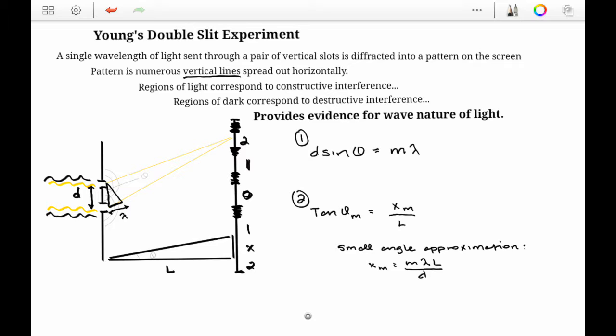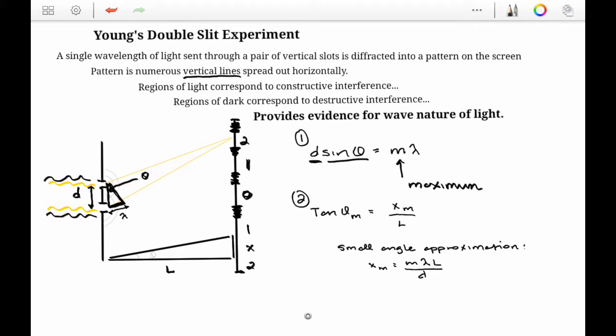And so there are two mathematical relationships that we can identify from this experiment. The first is that if you consider this first small triangle over here, and this is theta right here, we can observe that the distance d between the two slits multiplied by the sine of theta of this triangle is equal to m, which corresponds to the maximum, times the wavelength.